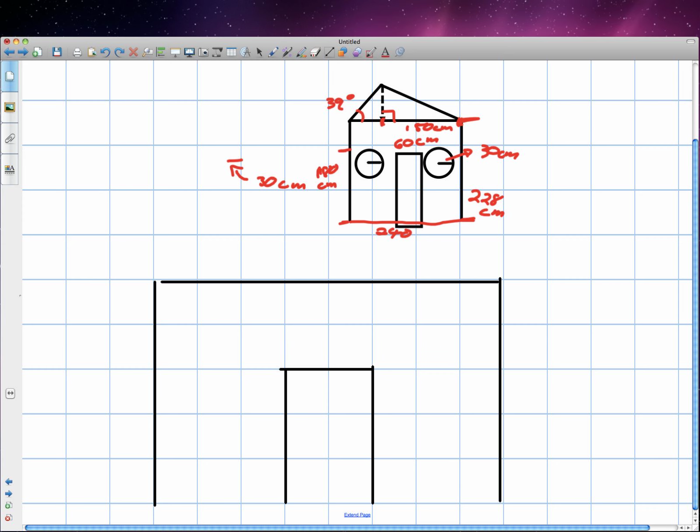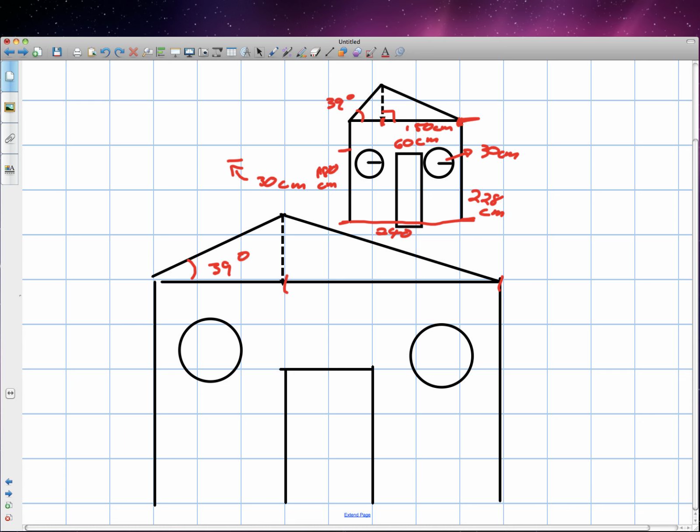The very first number we're going to deal with is from the high point of the roof to the end of the triangle, which was 150 centimeters. What would that be in meters? 1.5, exactly.